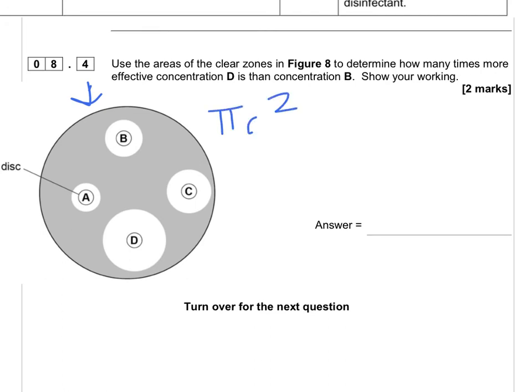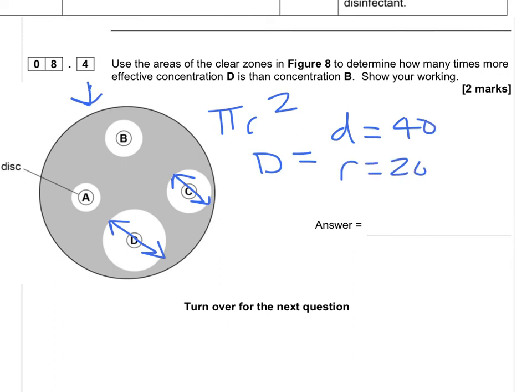Now, since I don't have the paper in front of me, I'm going to make it up as I go along, but you would measure it, and that's the diameter. Whatever the diameter is, you divide it by 2. So for example D, I'm going to say the diameter was 40, so the radius is 20.